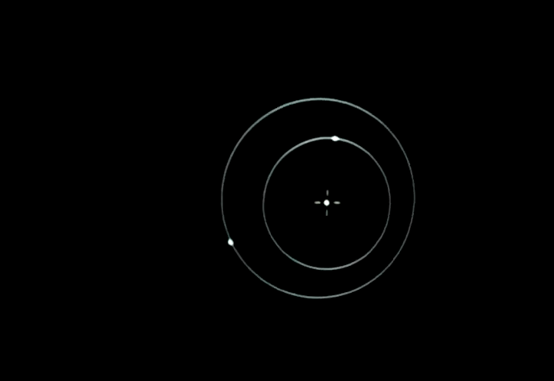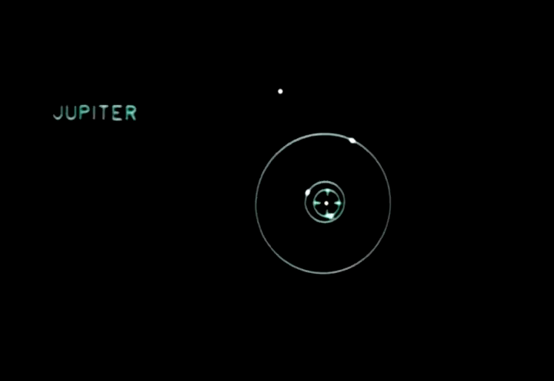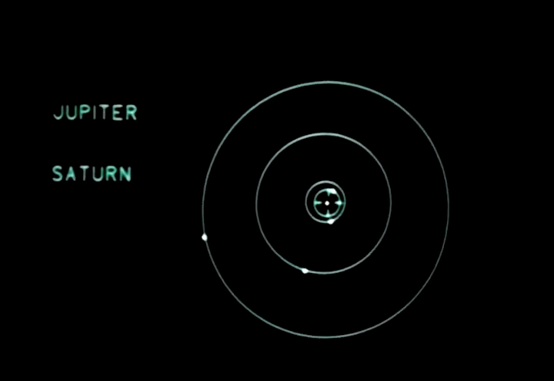We must speed up our time scale so that 1 year goes by in 1 second and move back to watch the giant planets. Here are Jupiter and Saturn. So far, all these planets can be seen with the naked eye from Earth.